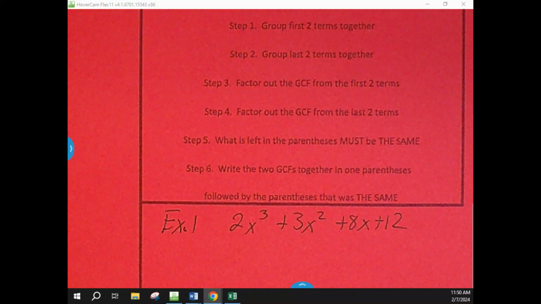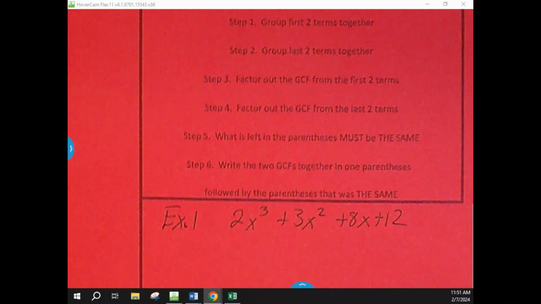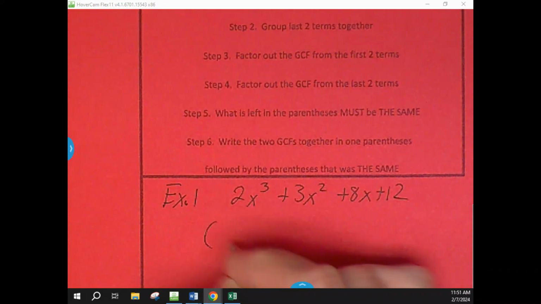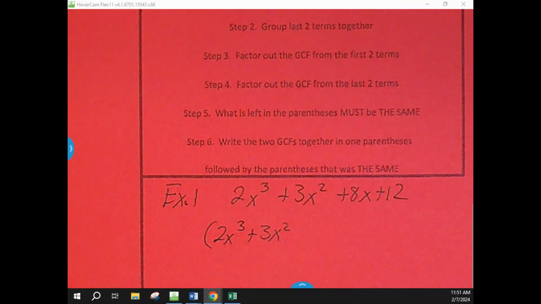Okay, so if we've got an example like this, we may have to put some stuff on a separate paper because of how much room is on here. It says group the first 2 terms together. So where we've got 2x to the third plus 3x squared, we're going to put a parentheses around 2x to the third plus 3x squared.